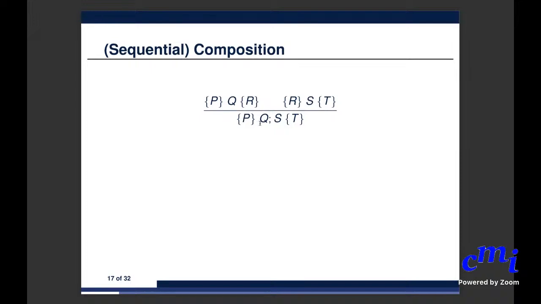Given this rule, for any program that is straight line code, a sequence of statements, you can use this repeatedly to construct a proof of the entire program, and reduce that proof to showing that some triples hold good for individual assignment statements.